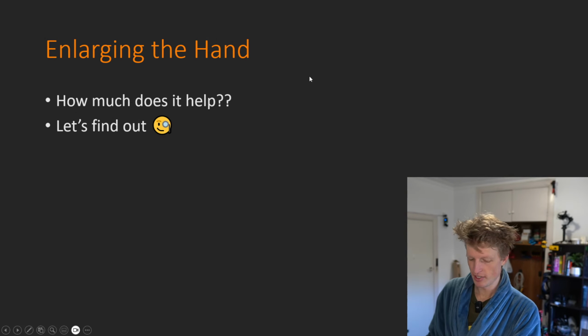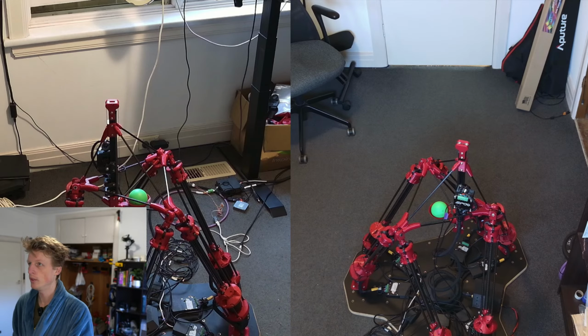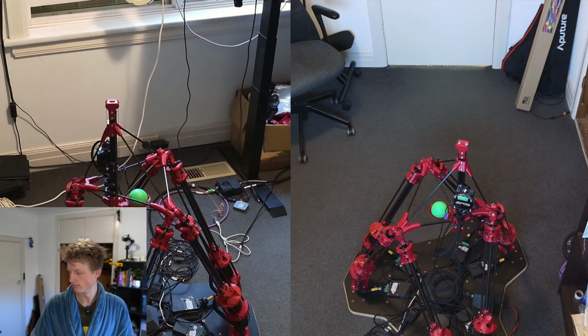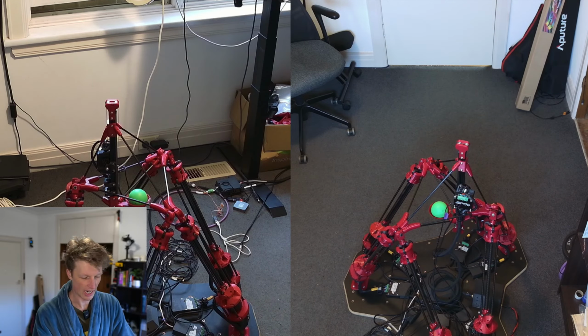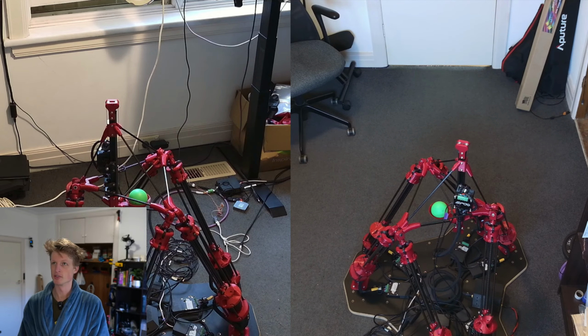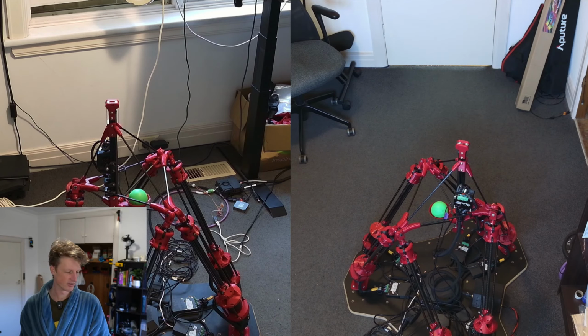Cool. So let's see what Jugglebot can do. Let me do this and put me back. So I've got to turn it all on. I am still using the old balls as well. These are the green, very round, fairly stiff ones.